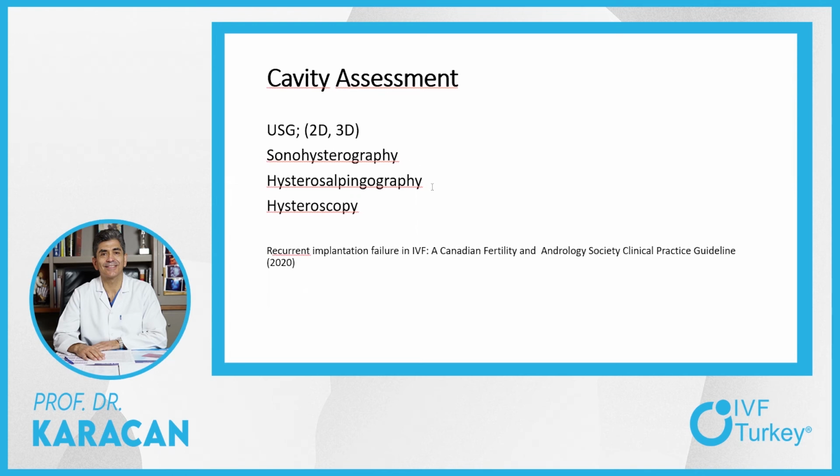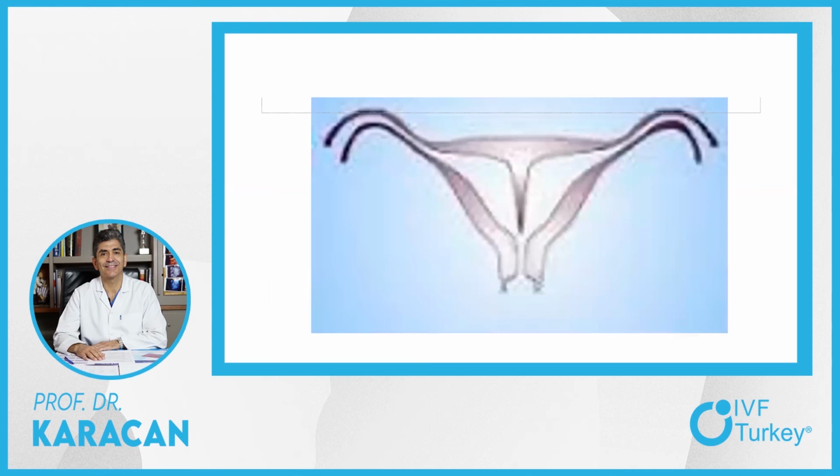The other one, hysterosalpingography, is historically the most performed test to evaluate the uterine cavity. And the last one, hysteroscopy. All these tests should be done to assess the normality of the cavity before making any further attempt. I'll show you some photographs of abnormalities.